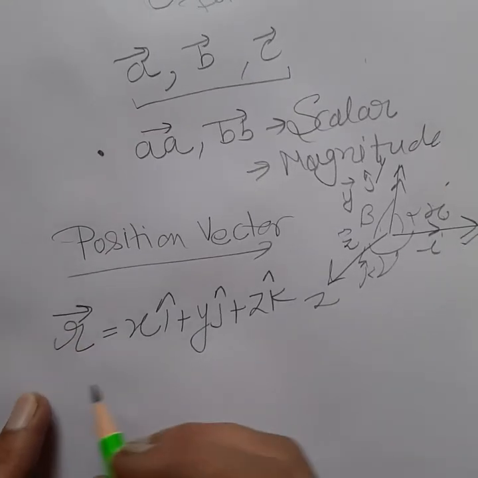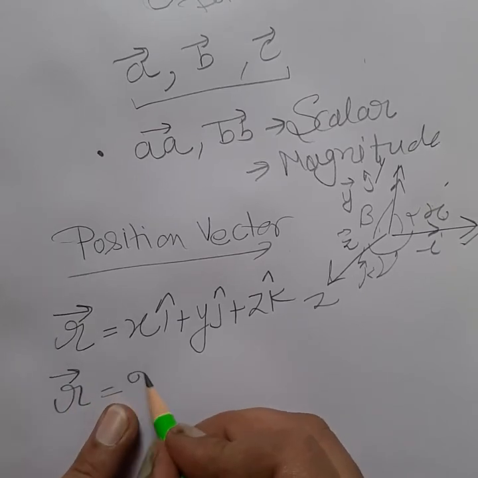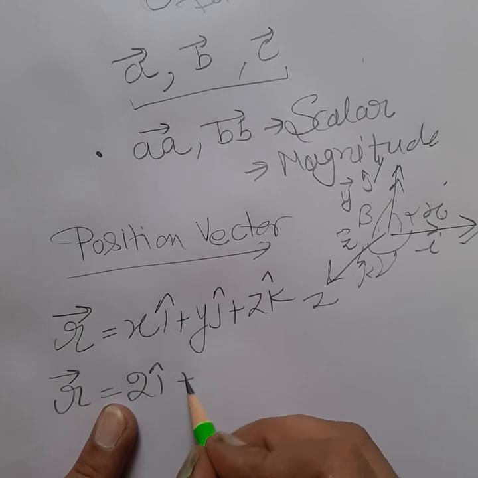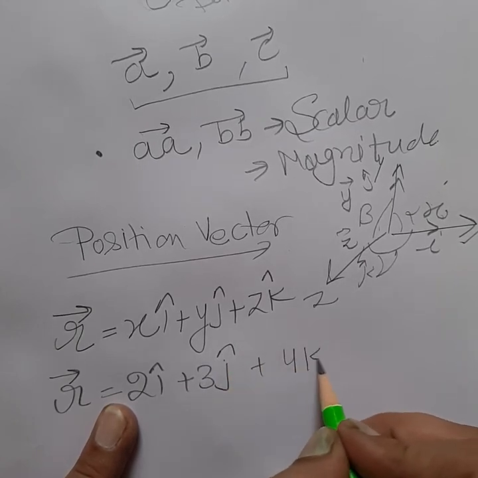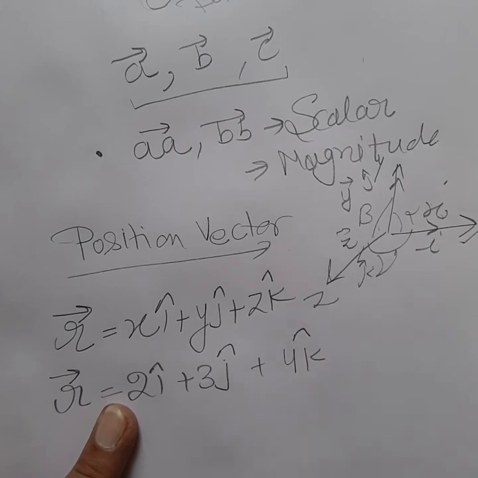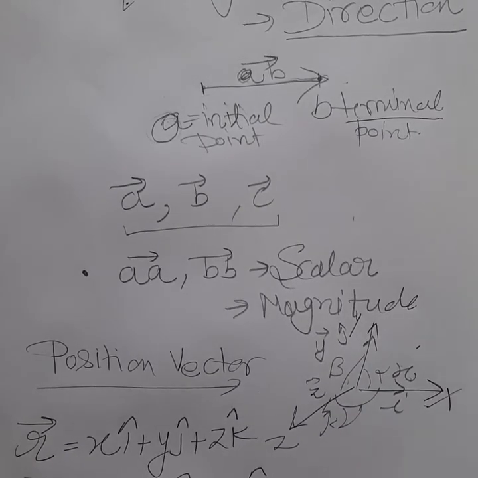You can take any example, like r vector equal to 2i plus 3j plus 4k. Then this is a vector. i, j, k represent the direction, and 2, 3 and 4 are scalar quantities.